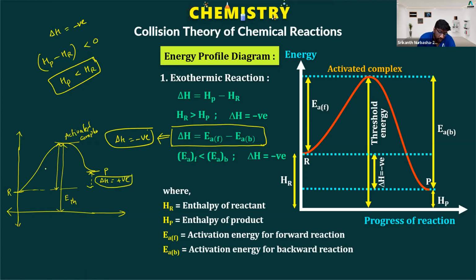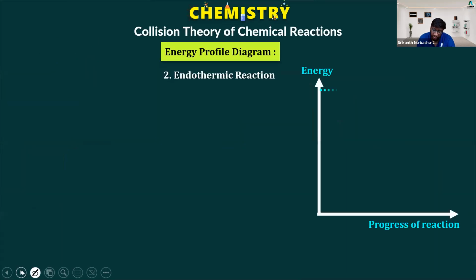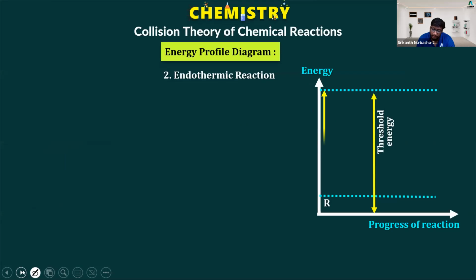And from product to reactant, what is the activation energy for the backward reaction? This is the activation energy. So EA of forward, this is EA of backward, and delta H is positive for the endothermic reaction. That is how we can understand the energy profile diagram for the endothermic case. Right, endothermic reaction means the same type of graph whatever I have drawn.